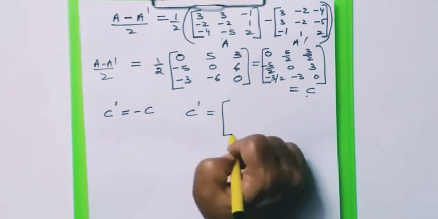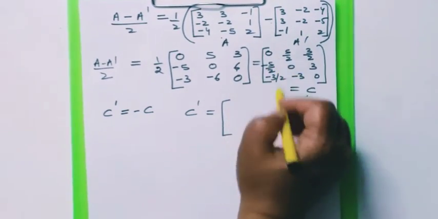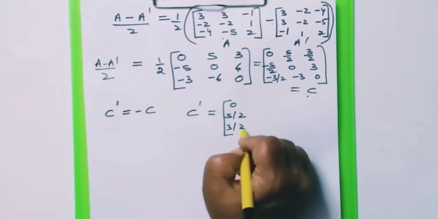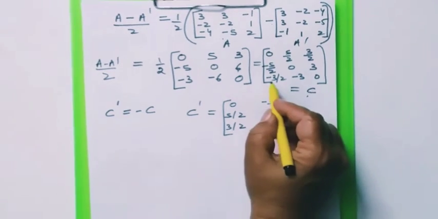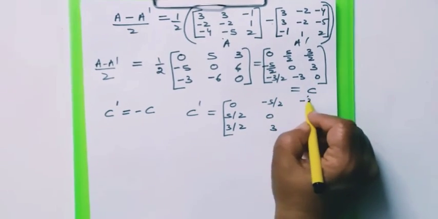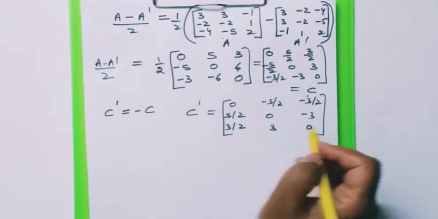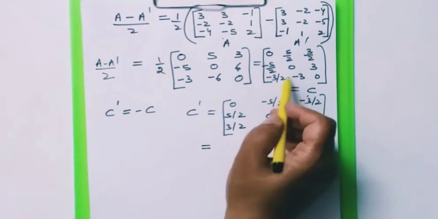C dash means I take its transpose. I read a row and write it in a column. So 0, 5 by 2, 3 by 2, minus 5 by 2, 0, 3. Then minus 3 by 2, minus 3, 0. And what I observe is this is nothing but negative of matrix C.